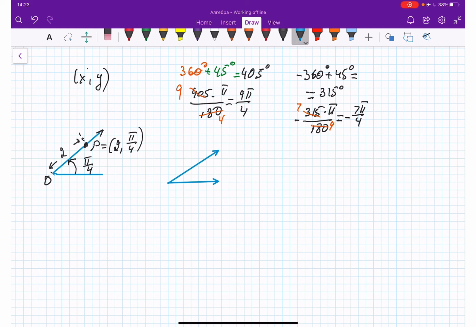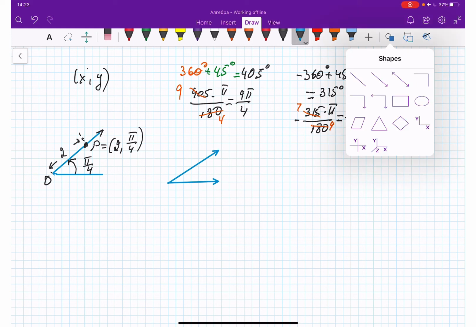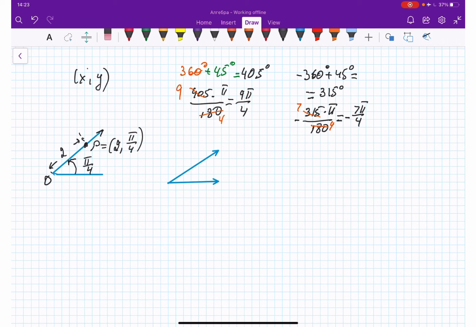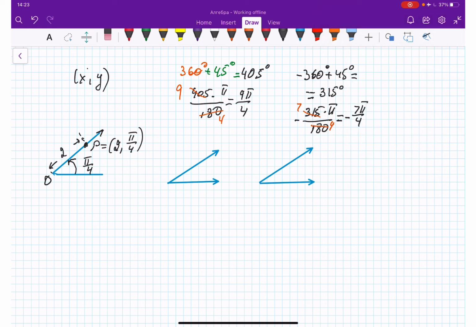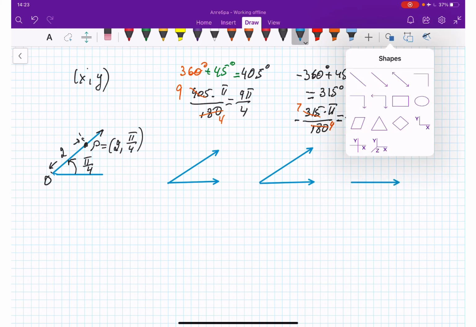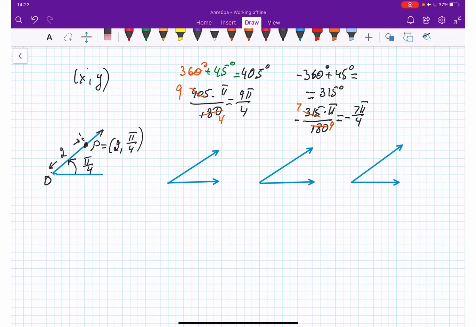So we have the same point P, and the distance is 2.